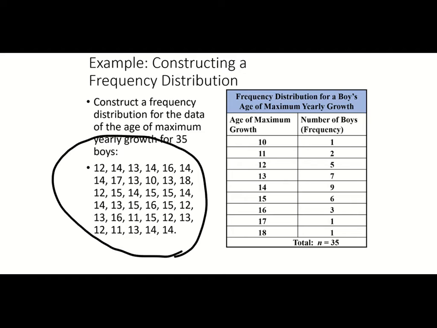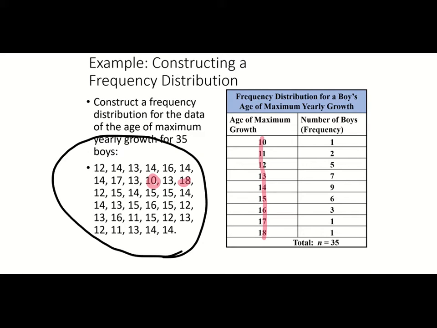We can see 10 is the youngest, and the oldest that they have is 18. So we listed the ages 10 through 18 right here, and then they wrote the frequency. There's one boy that reached the maximum yearly growth at age 10, and then 2 at 11.